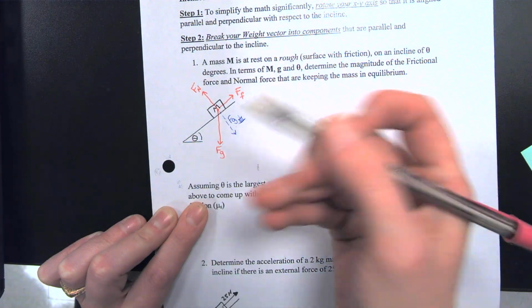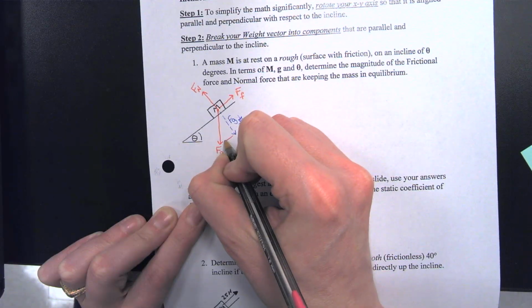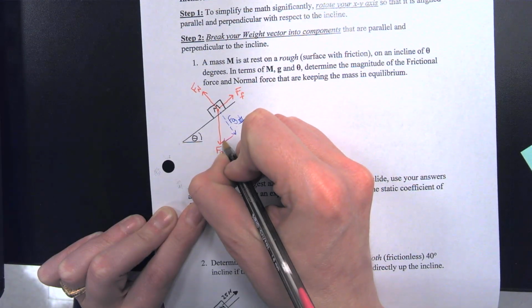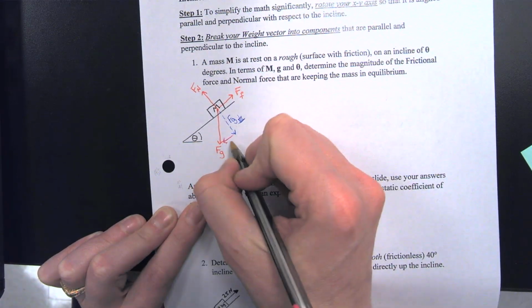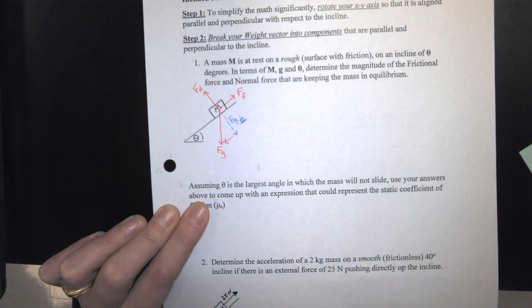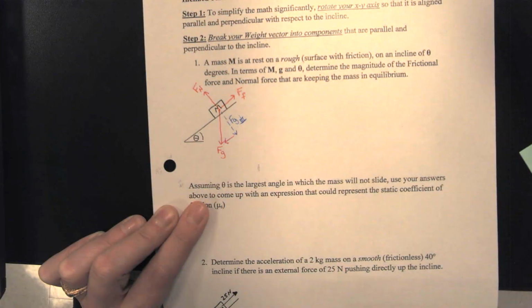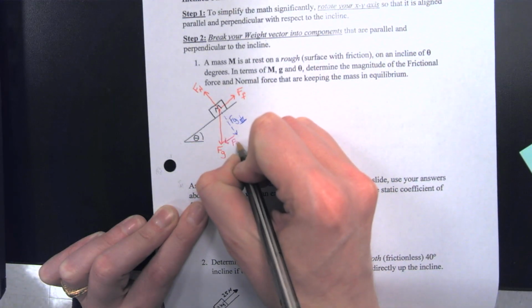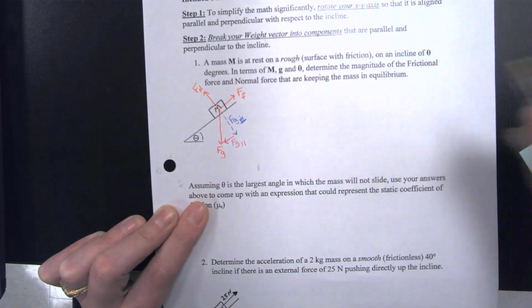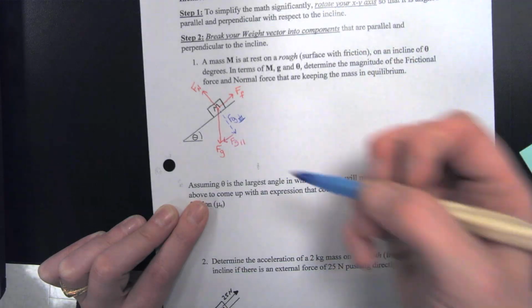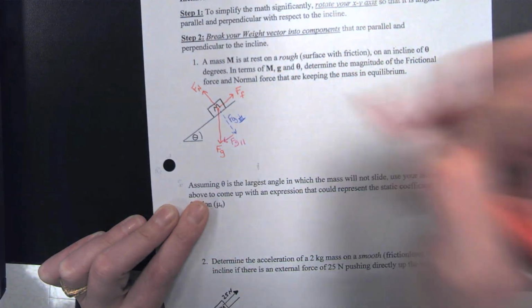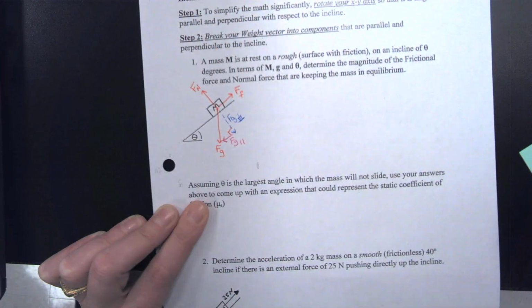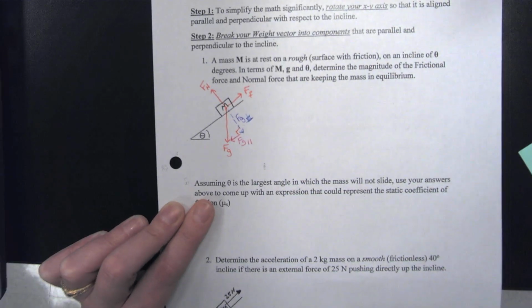And then we have this one, maybe that pink shows up, which is parallel to the ramp, FG parallel.